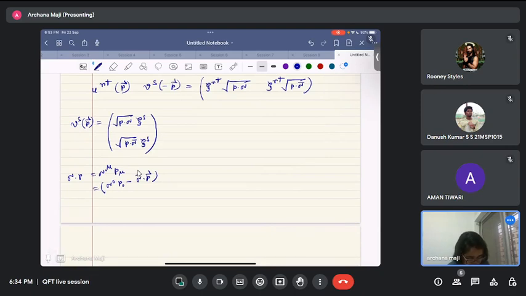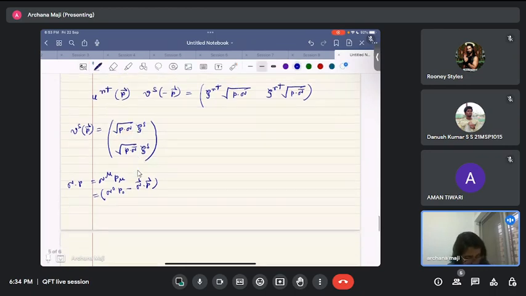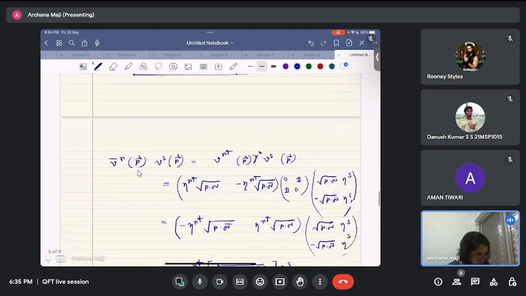So what are we doing here? We are replacing P by minus P. That means in this solution it will become minus P dot sigma. Now minus P dot sigma is what? If I make P vector to minus P vector, it will as if become sigma bar dot P, because what is sigma bar?